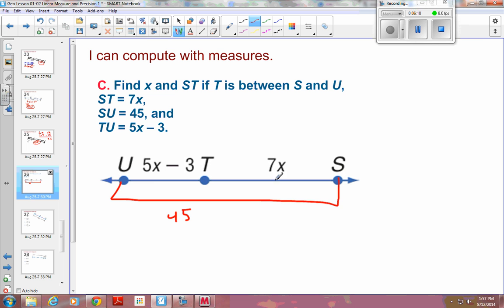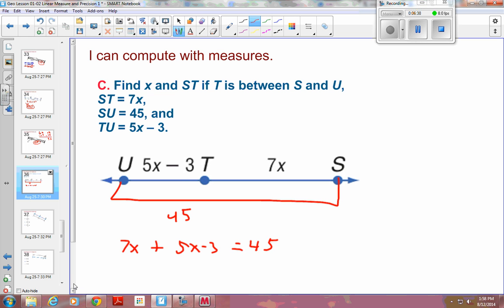So that means this piece here plus this piece over here should be 45. And TU is 5x minus 3. So if I write this out, my 7x plus my 5x minus 3 should be equal to 45.